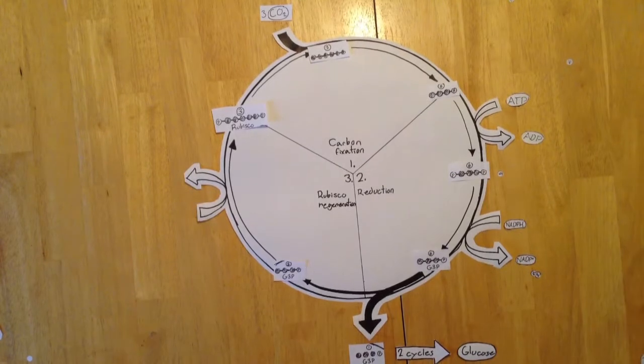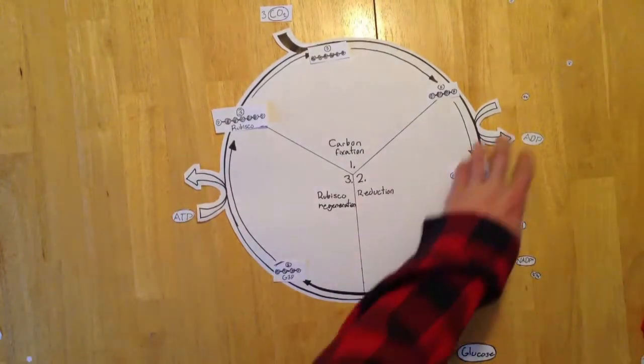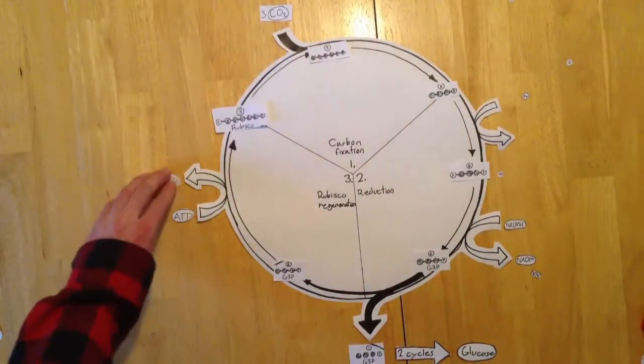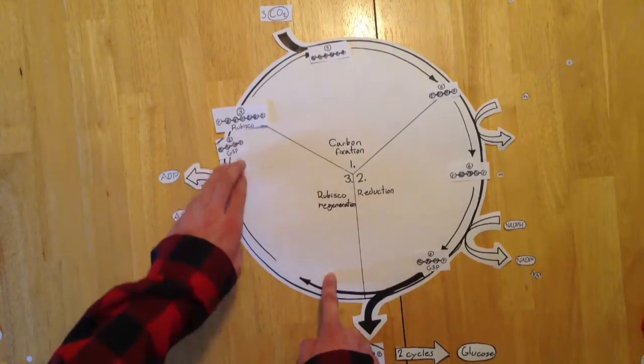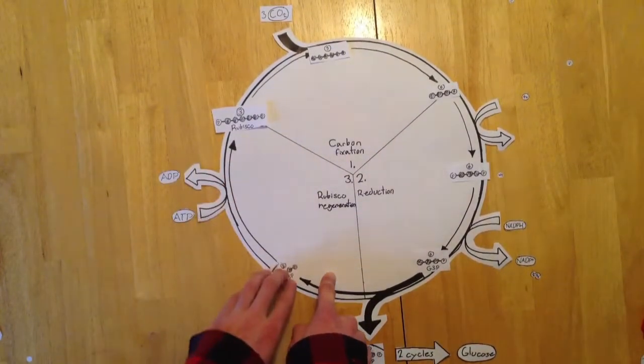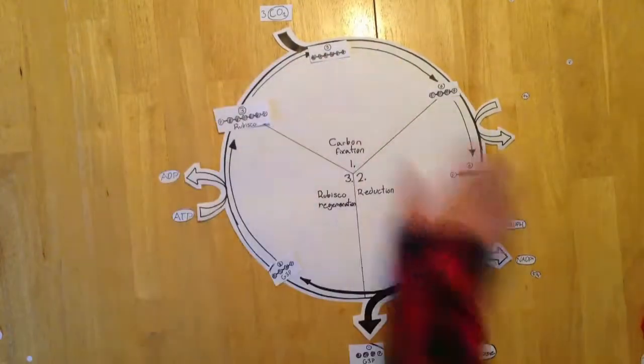Now back to those 5 remaining G3Ps. They take some energy from ATP and turn it into ADP, and in doing this, they can be rearranged into rubisco again, which allows the whole cycle to happen again.